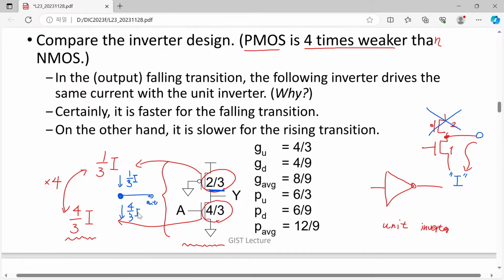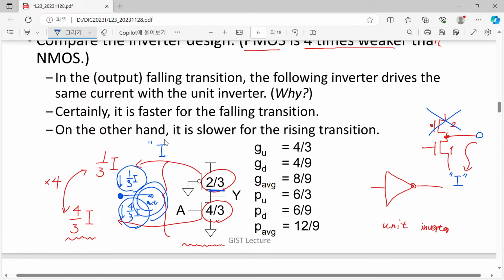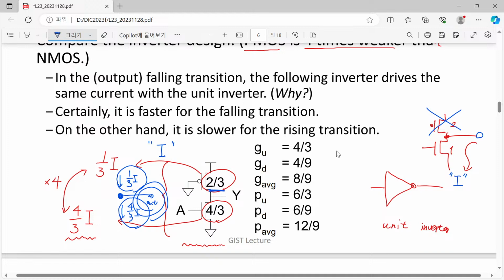So that's the reason why we say there is some tendency to charge it and some tendency to discharge it. The net discharging strength felt by this output node is simply given by the difference between them. So from this consideration, the I is the one felt by our N MOSFET.